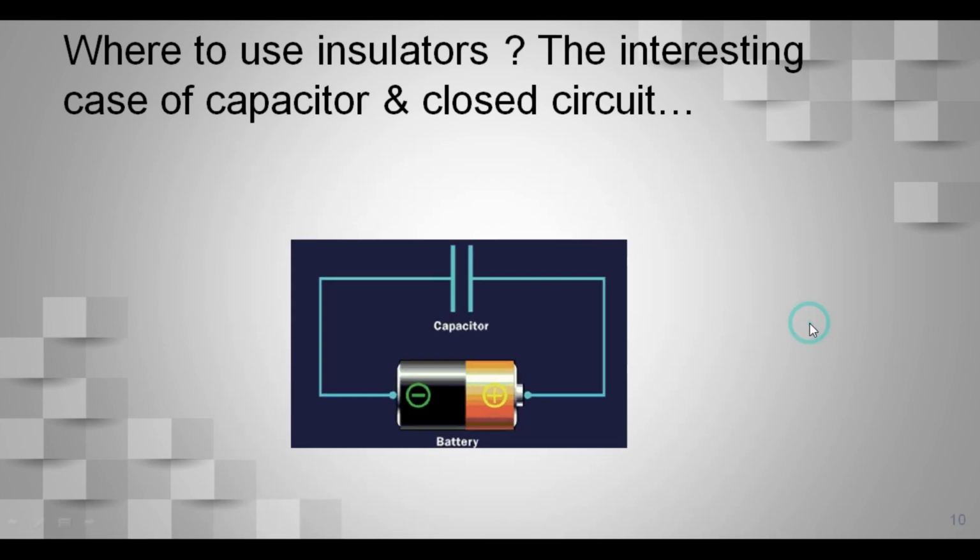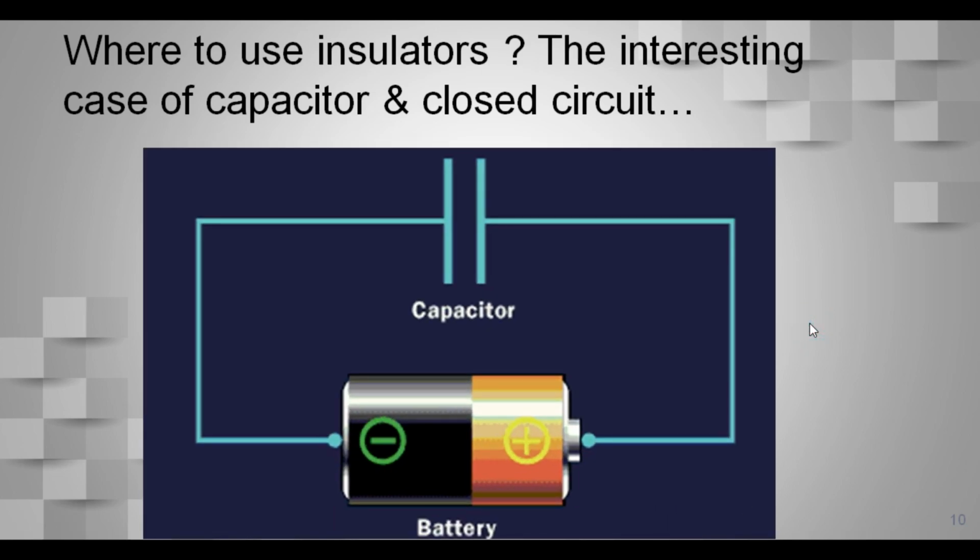Now, if we remember the definition of any electronic circuit, we have to close the circuit. The circuit must be closed from positive end to negative end. But imagine if you have a capacitor between them, then there is an insulator.